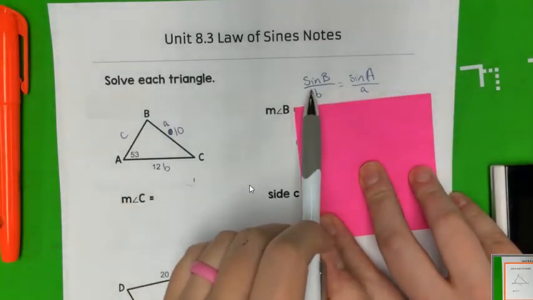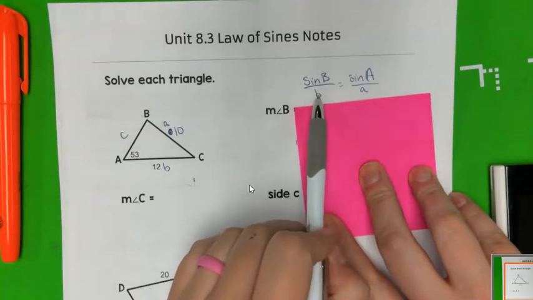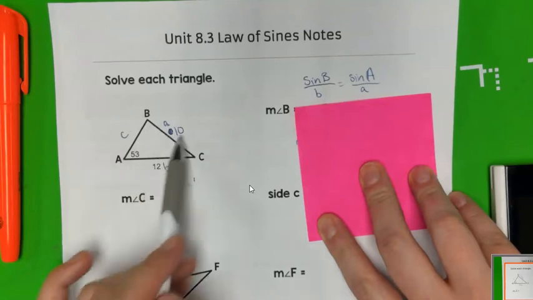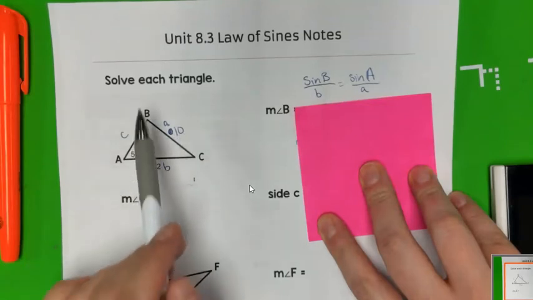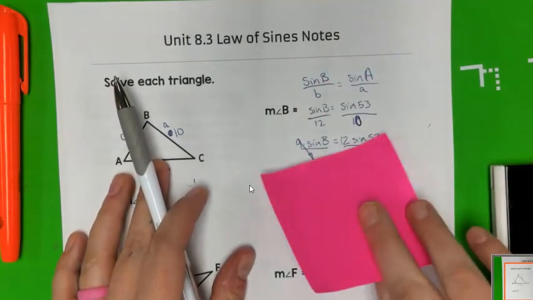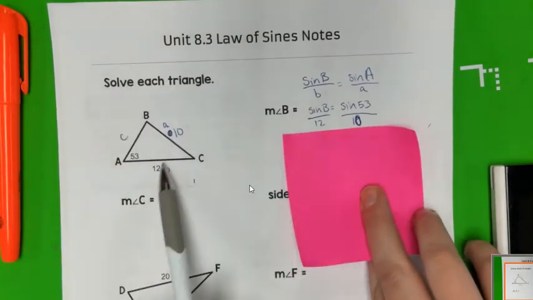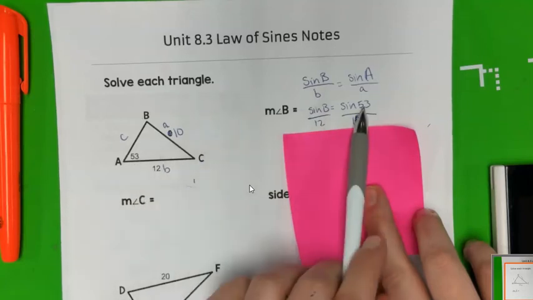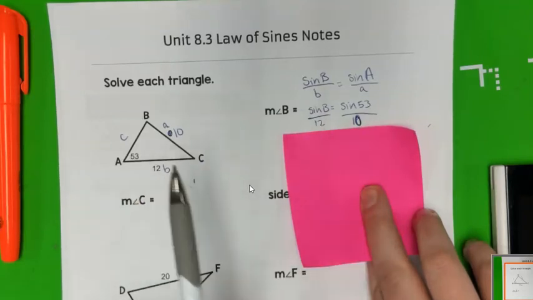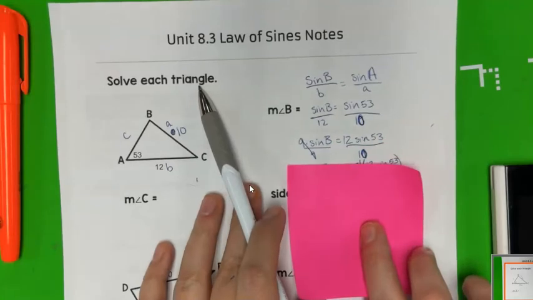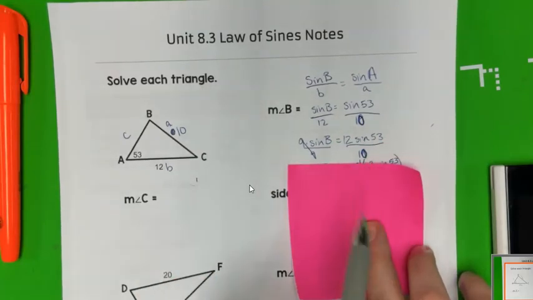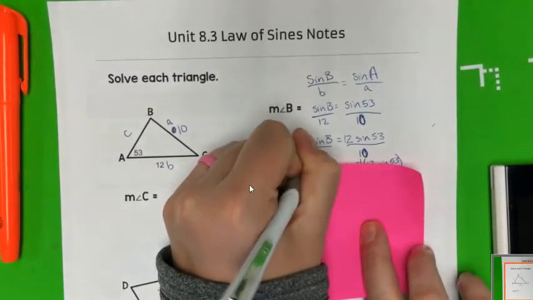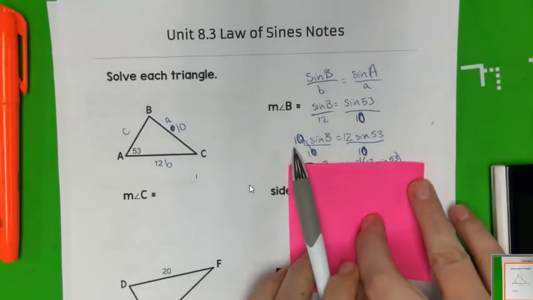Okay, so we have sine of B over B, sine of A over A. Those are the two we're using because we have all of sine A. We are looking for the angle of B. So we're going to fill all those things in. 12 for B, 10 for A, and then sine of A, sine of 53, because that's angle A. Then when we cross multiply, we are going to get, this is actually 10. Let's change that. So we have to change that to a 10.